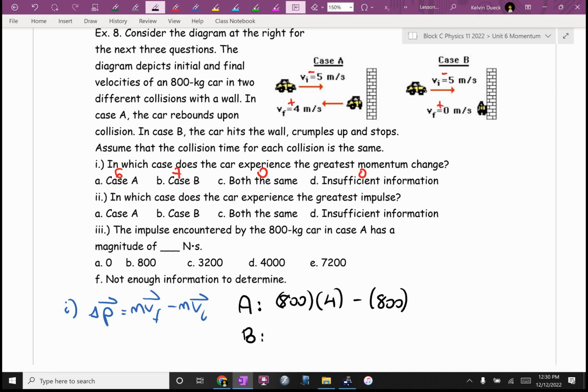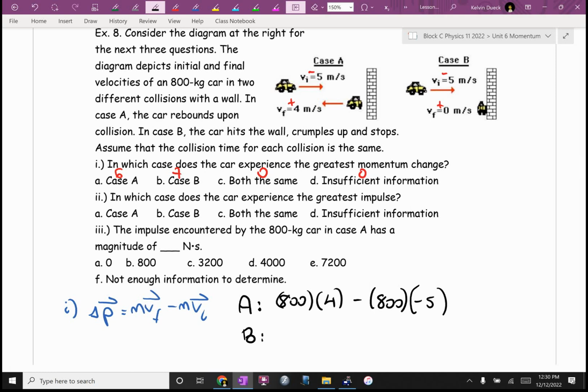Oh, -5. And Matt, this is why I said to you, sometimes it's easier to let the initial be negative. Can you see I have a minus? I've just learned I make fewer dumb mistakes if everything's positive. I will not take marks off if you let initial be positive and final be negative. Totally fine.